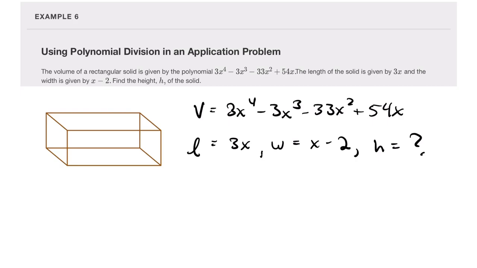All right, so here, let's write it like this. We said the length times the width times the height equals the volume. If we want to solve for height, then our height is going to be the volume divided by the length times the width.